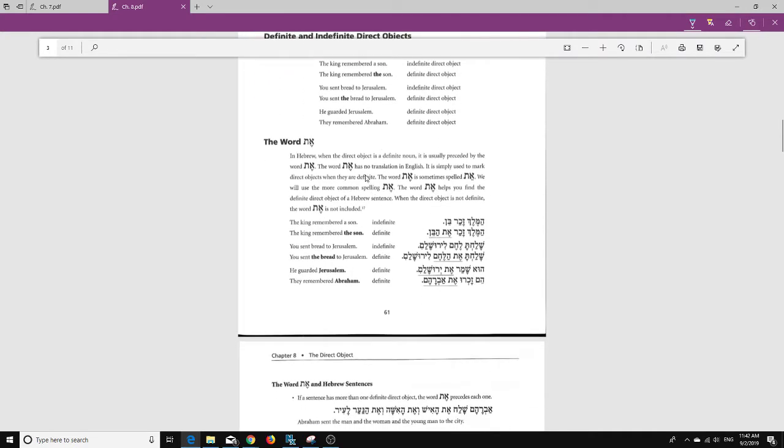Okay, the reason that's important is because we have a direct object marker in Hebrew. Okay, let's see if they actually say that. No, but this is what that's going to be called, a direct object marker.